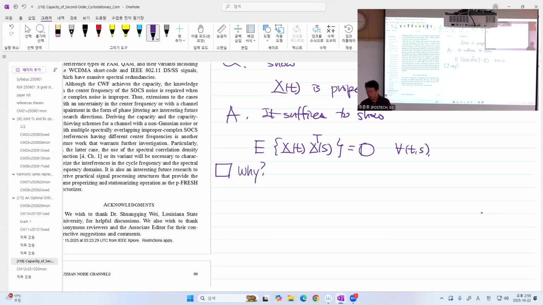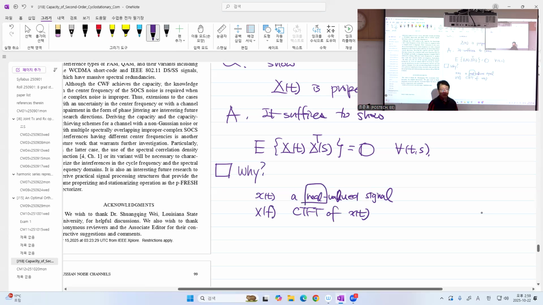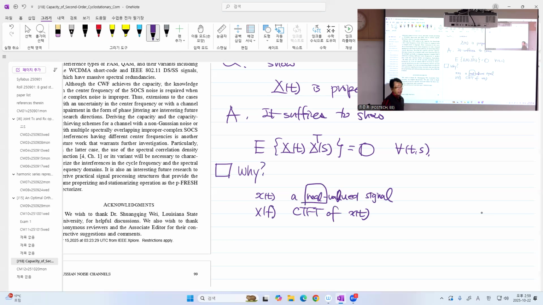So probably you remember conjugation gives you some interesting thing when you have a real valued signal. And if you consider its Fourier transform, what happens when you have this assumption of real valuedness of a continuous time signal?